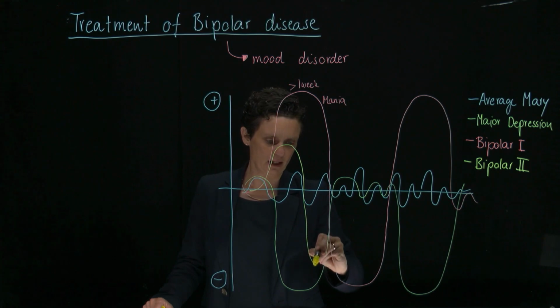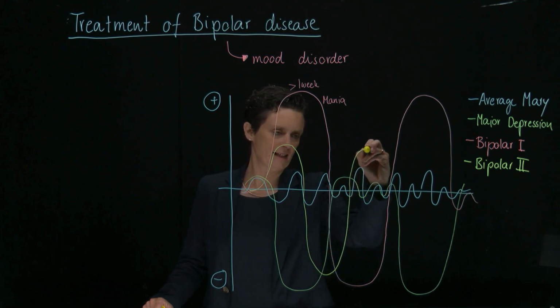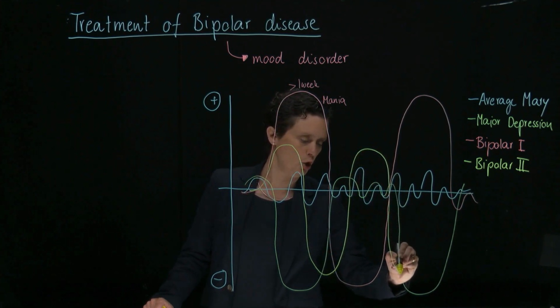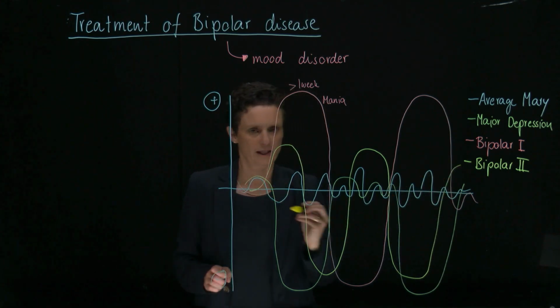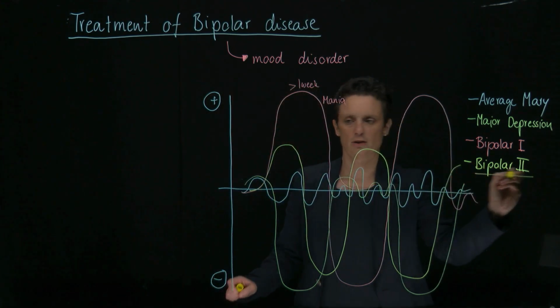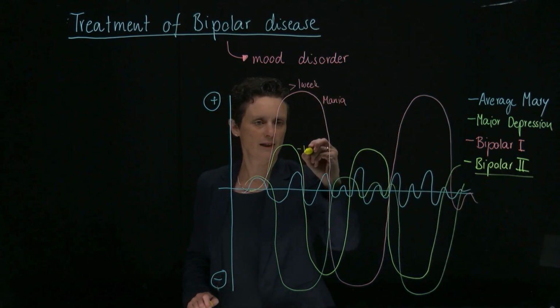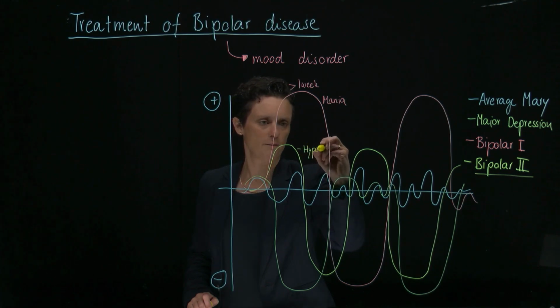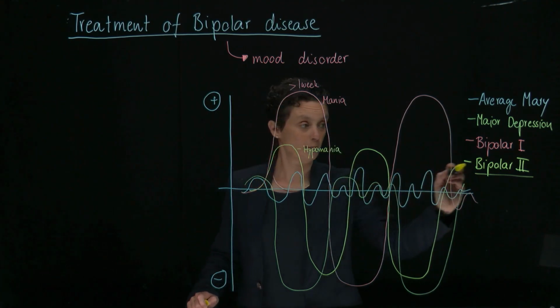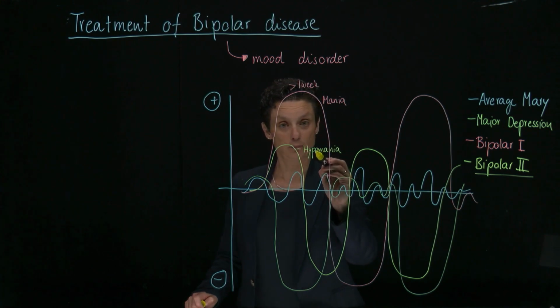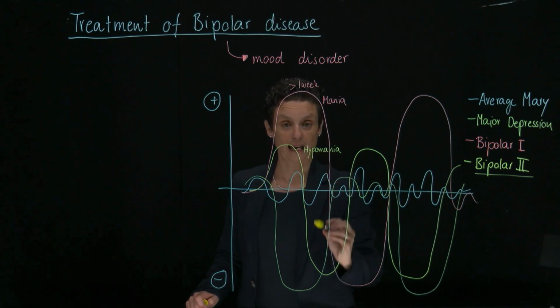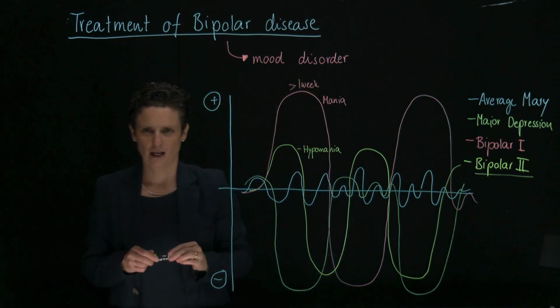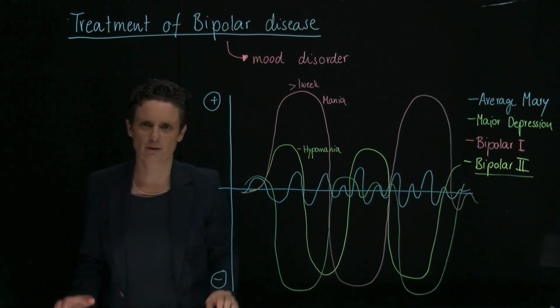But here you're going to have some periods of low mood. So that's going to be bipolar 2, and that's called hypomania. And for the diagnosis of bipolar 2, you need hypomania as well as depression. So that's just a brief introduction to what we are talking about.